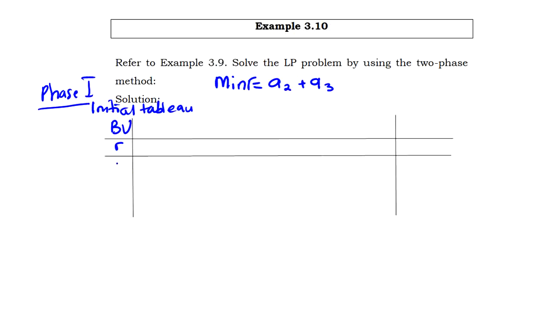And then we have S1, A2 and A3 as the BV, same as example 3.9 by using the Big M method. The variables are x1, x2, s1, s2, a2 and a3, and then we have the right hand side.